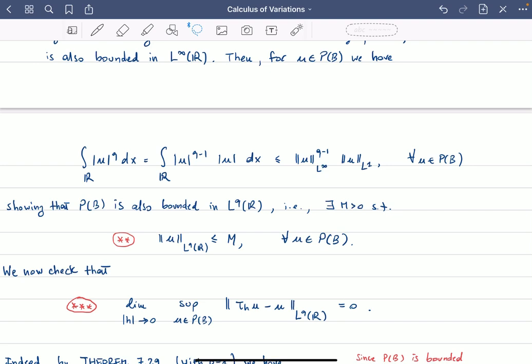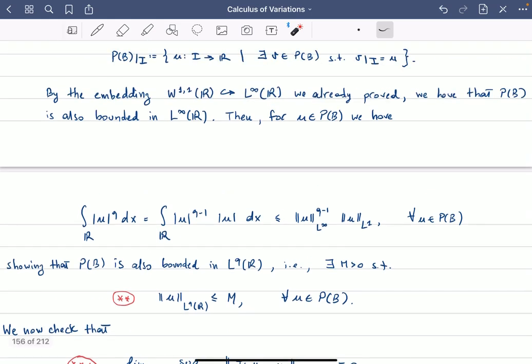Why is this true? It's true because u was an element of P of B, so it was an extension.